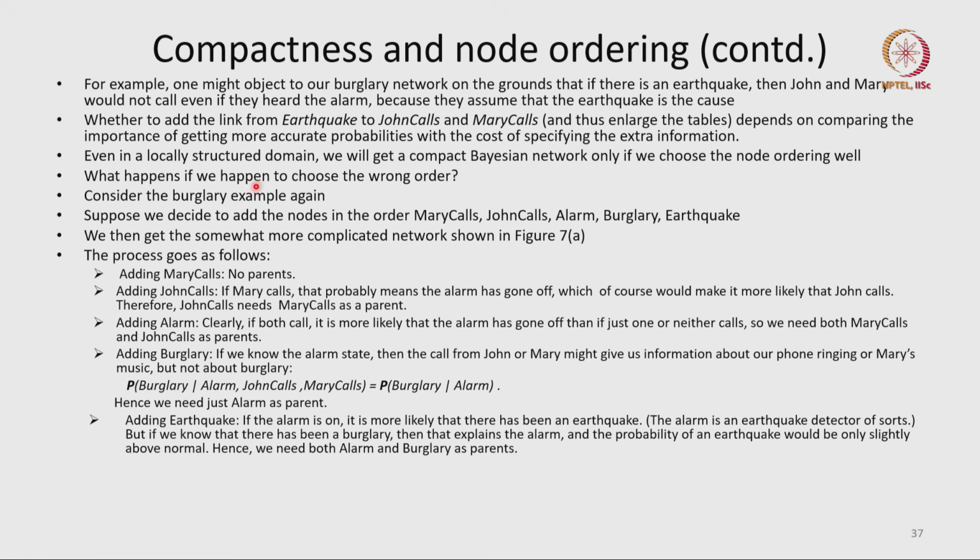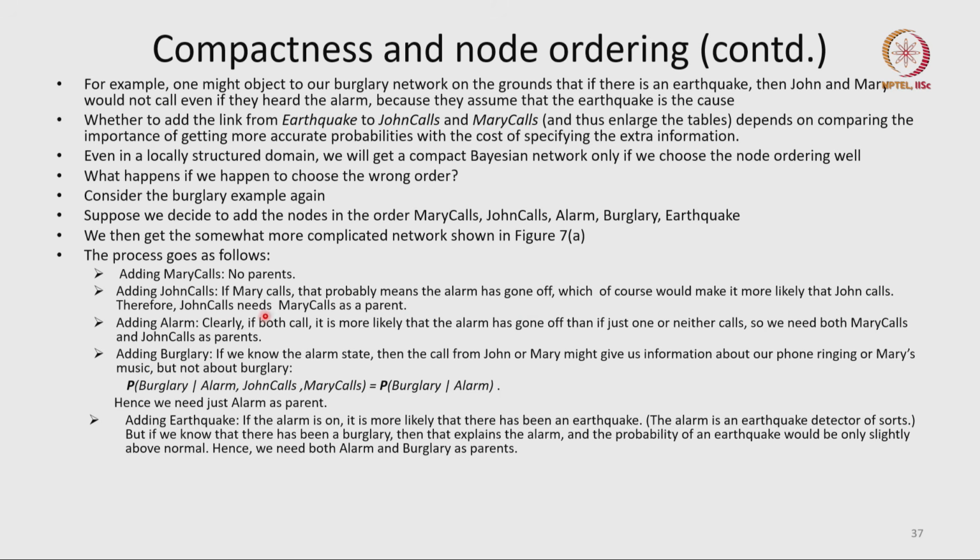Suppose we use a different ordering of the nodes. Suppose we use the order Mary calls, John calls, alarm, burglary and earthquake. Then what happens, adding Mary calls, you won't have any parents for that, because you are going to put in this particular order. Adding John calls, if Mary calls, then probably the alarm has gone off, which of course would make it more likely that John calls.